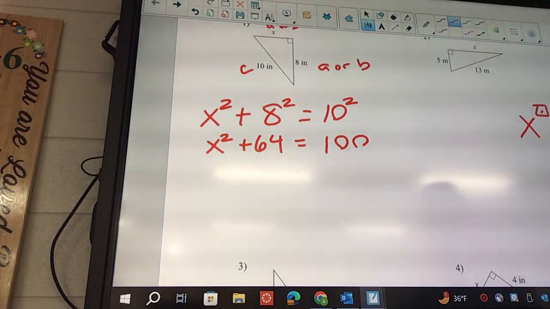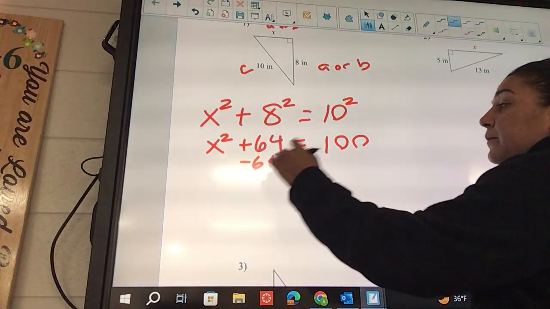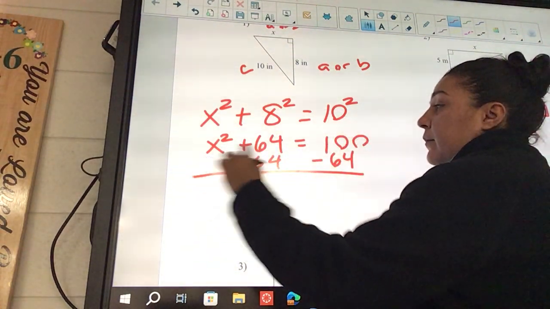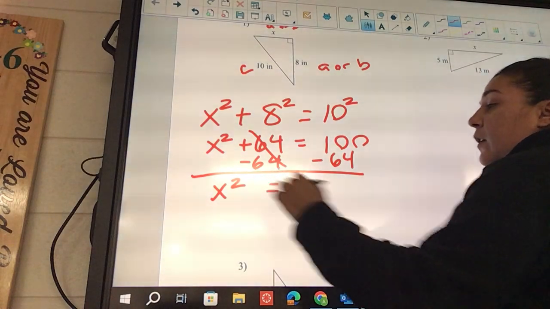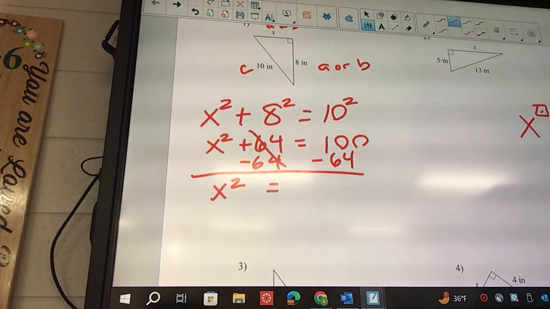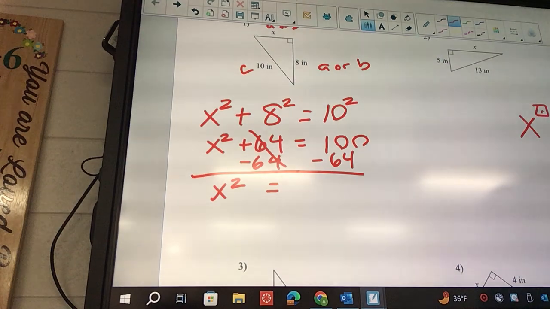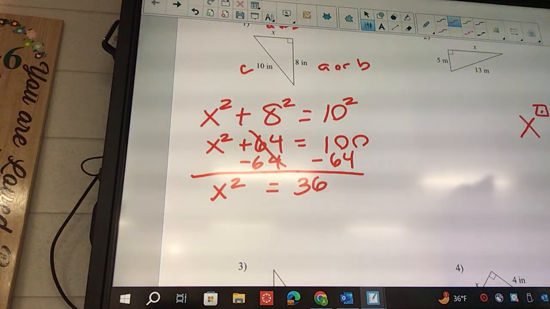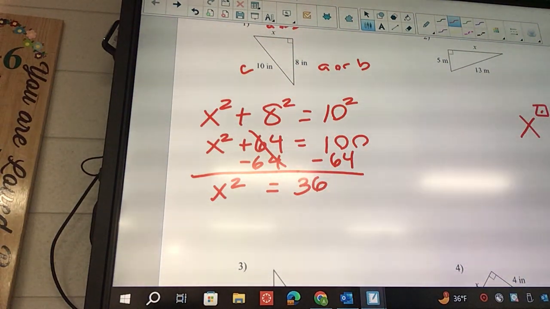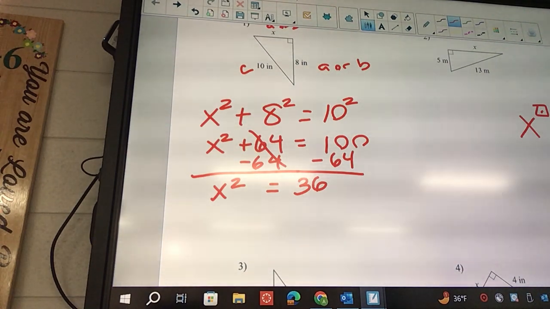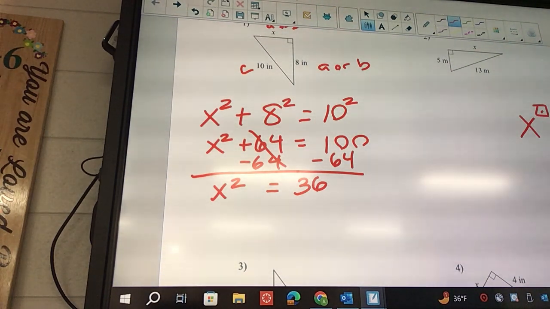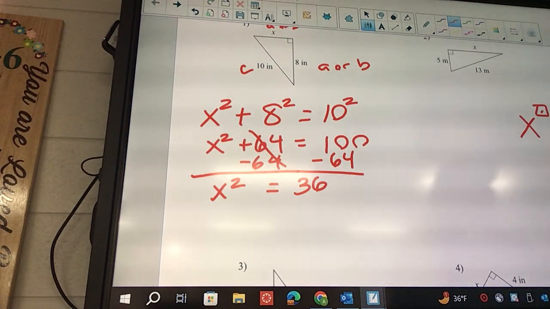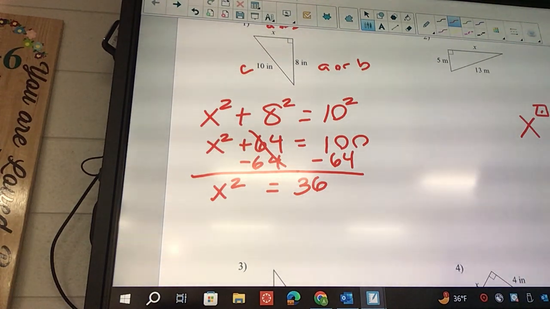Okay, now from here, you're going to have to subtract 64 from both sides. What is 100 minus 64? This is where you guys got to type today. 36. Now, because this time you're solving for an A or a B, your last step: you know how addition and subtraction are opposites, right?